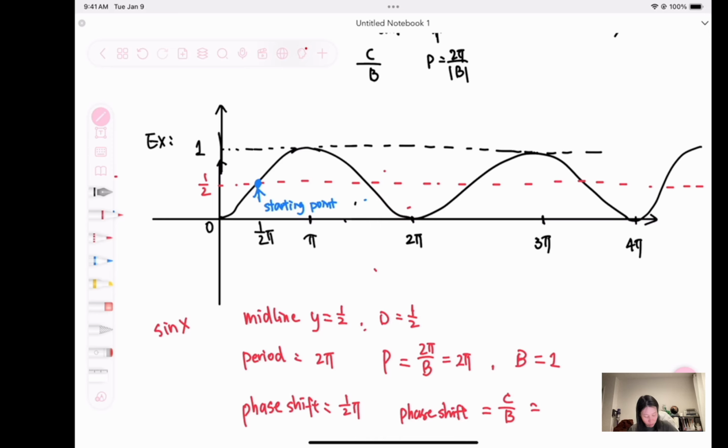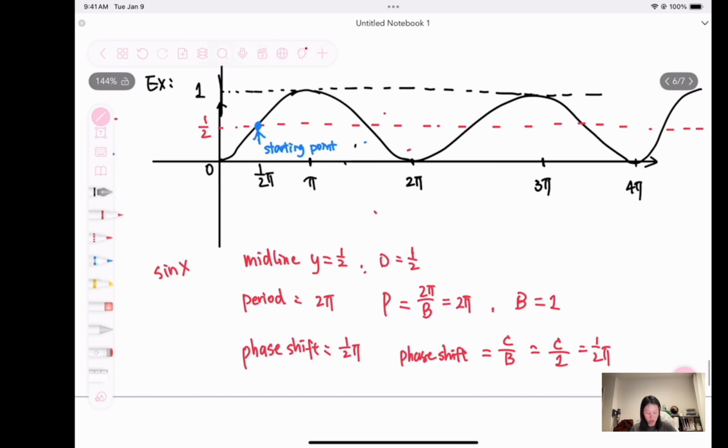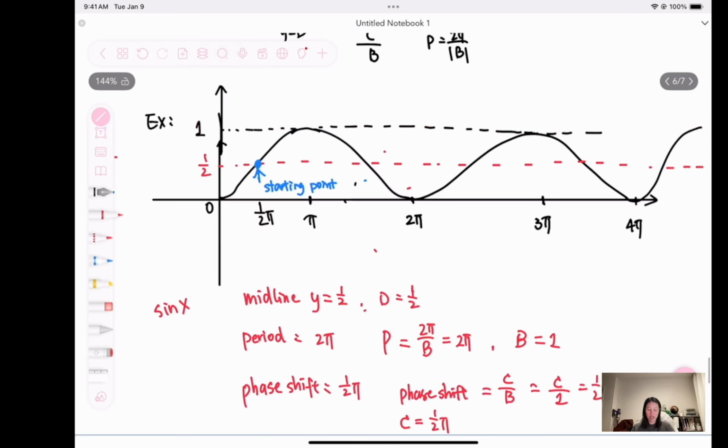B we just found from the previous step is equal to 1, and our phase shift is 1/2 pi, so now we can solve for C. C is equal to 1/2 pi, and you can also see from the graph that it shifts 1/2 pi. Let's work on this as a sine function.